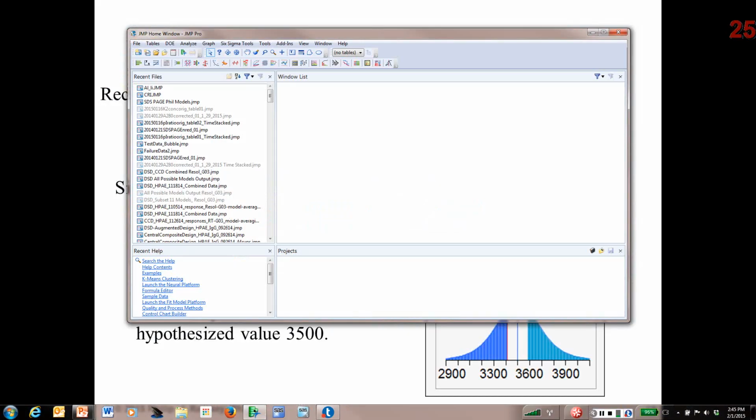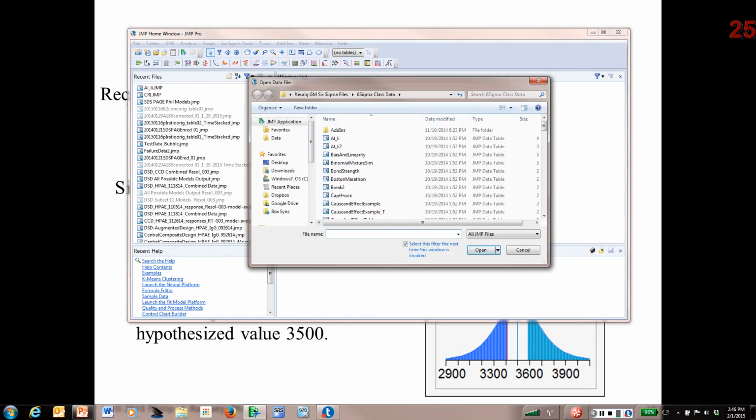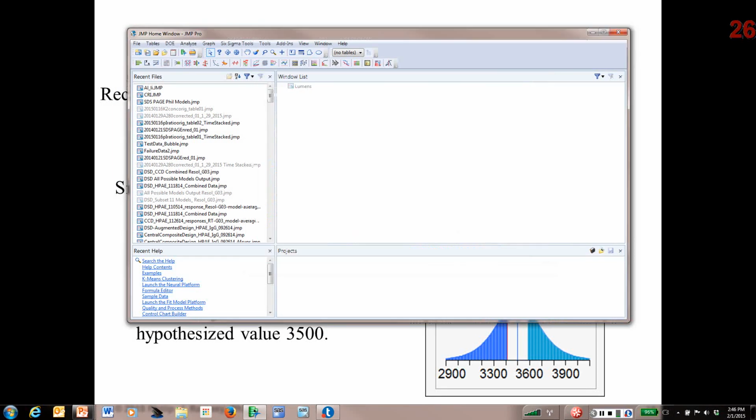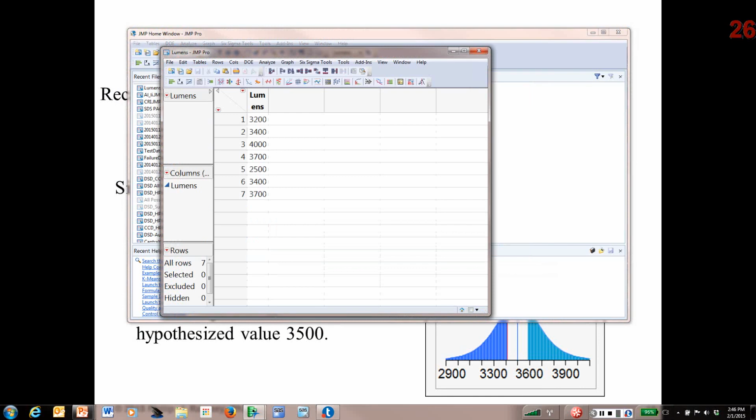Which one do I want to use? I'm going to open up the data set Lumens. This is the data I just introduced as part of the example. So there are our 7 lamps and our 7 measurements.